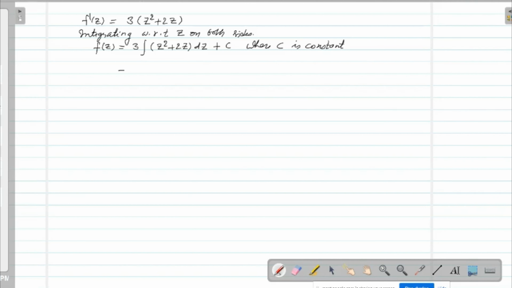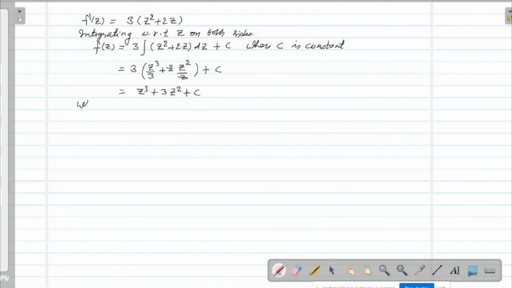So this is equal to 3 times z cube by 3 plus z square, plus c. Multiplying 3 inside the bracket, this becomes z cube plus 3z square plus c, which is the required analytic function for the given real part.